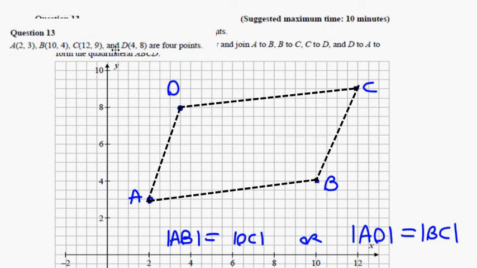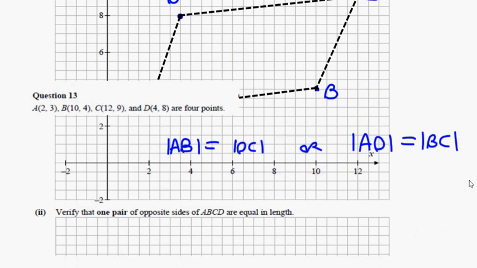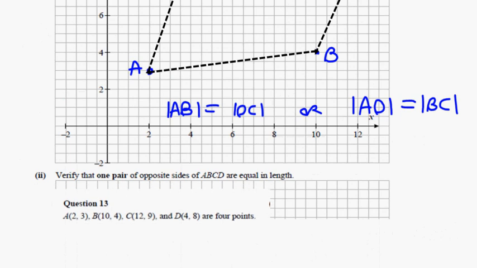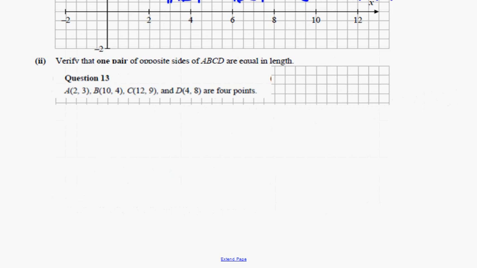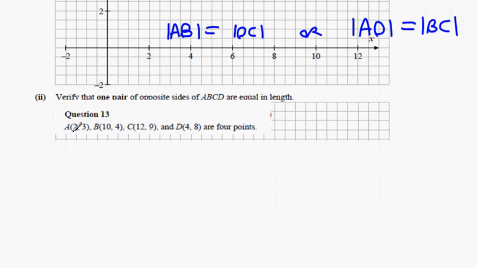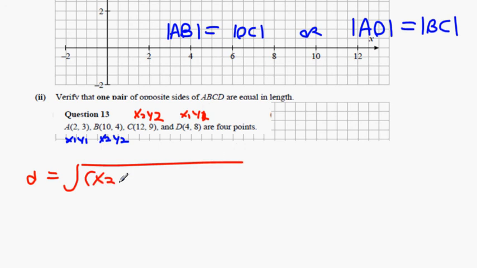Okay, so we're going to look down for the distance formula. So what we're going to do, AB, so x1, y1, x2, y2, and then DC, x1, y1, x2, y2. So the distance formula being the square root of x2 minus x1 squared plus y2 minus y1 squared.